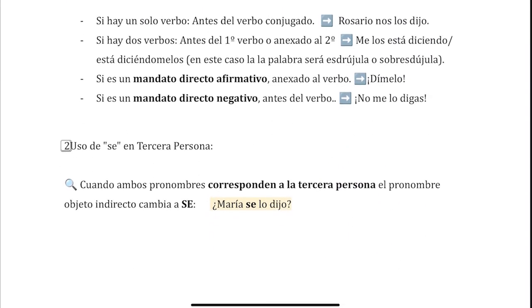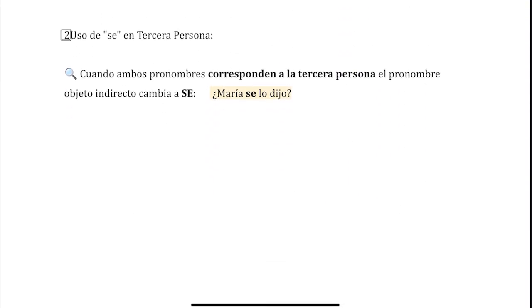And last thing that we want to study is el uso del se in tercera persona. When both pronouns belong to the third person, the indirect object pronoun needs to change from le to se, as in the example, María se lo dijo.